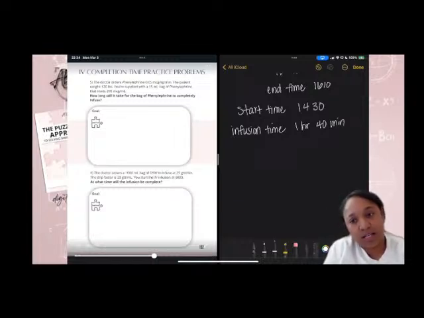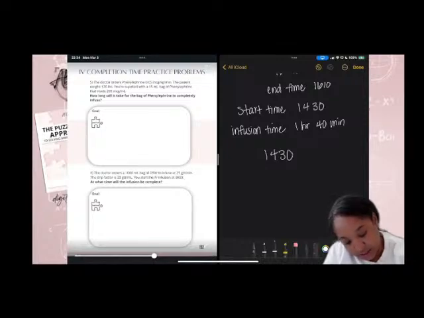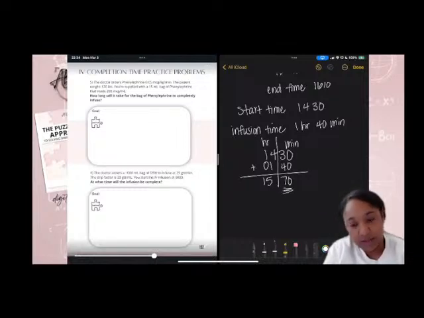If you add together your military time, it would look like this, because this is the minute side, this is the hour side. If you did 1 hour and 40 minutes, if you add your hours and you did your minutes, it would look like that. There is no such thing as 70 minutes because there's 60 minutes in an hour. So if you know that, then you could say, okay, well, this is going to round up to the next hour and then it's going to be 10 minutes left over.